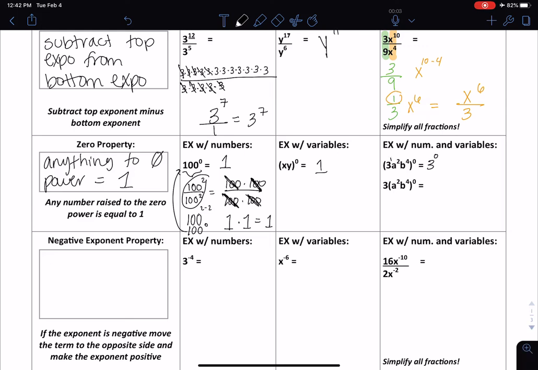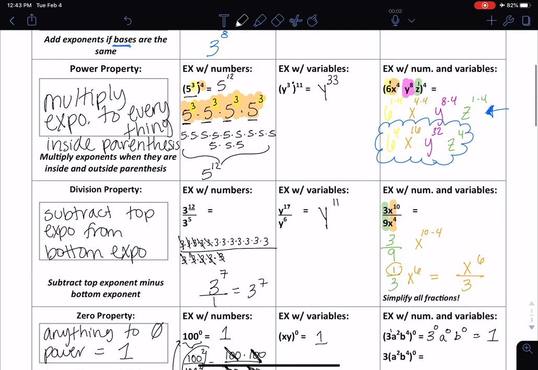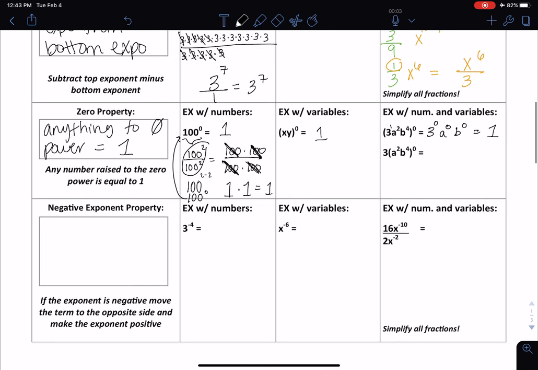Because remember, 1 times 0 is 0. Then A, 2 times 0 is 0. And B, 4 times 0 is 0. Since they all have a 0, my answer is 1. Because like we said, anything to the 0 power is 1. And this property, the multiplying I just did, is the power property that we just talked about before up here on our power property.